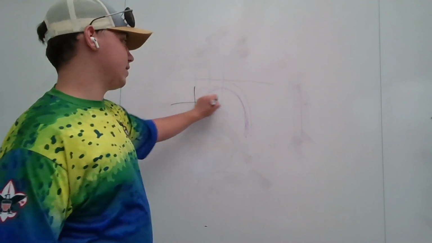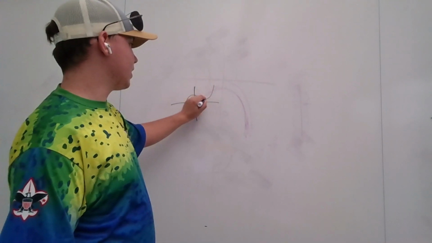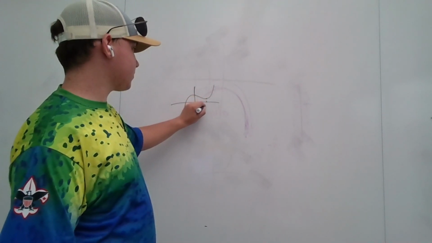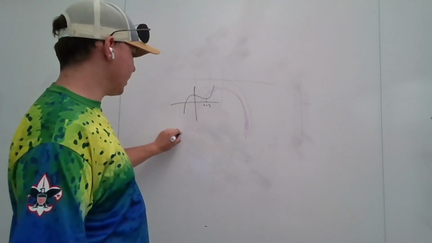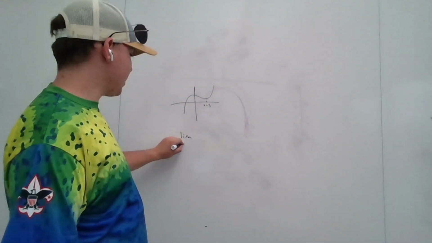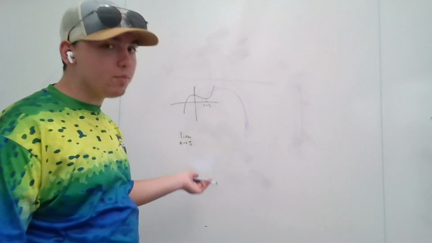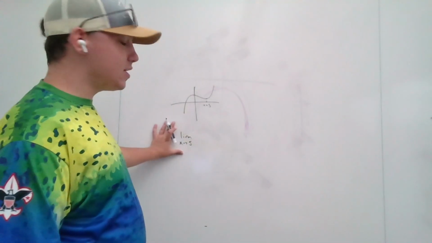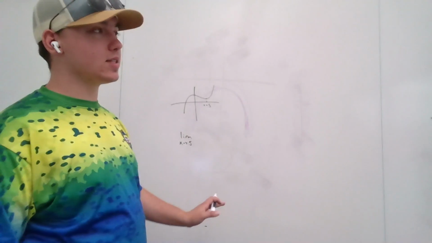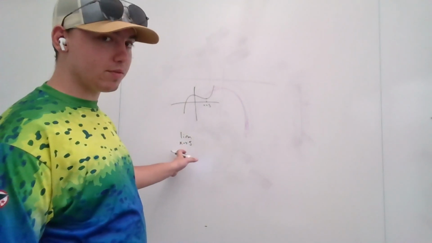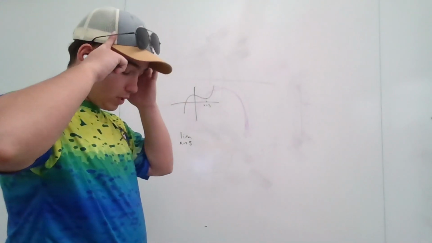It would have looked something like this. Say x equals 5, and it would have been like, what's the limit as x approaches 5? Evaluate that.